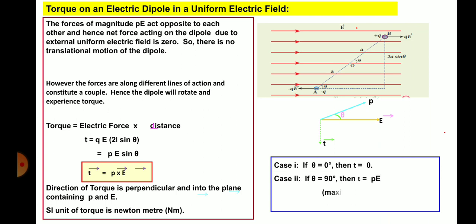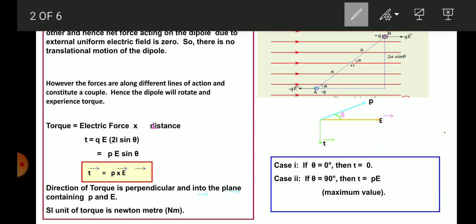Then what will happen when a dipole is placed perpendicular to the uniform electric field, that is, theta becomes 90 degree. When theta is equal to 90 degree, sin 90 degree is equal to 1. That is the maximum torque experienced by the dipole when it is placed in a uniform electric field. It happens only at 90 degree. See, remember this is a hint to solve problems.